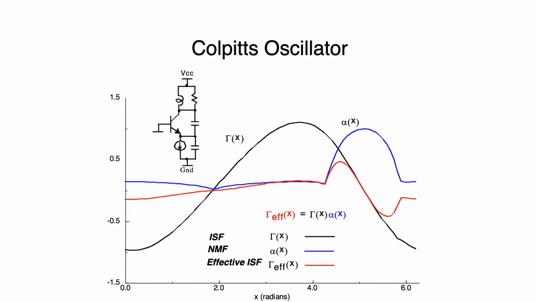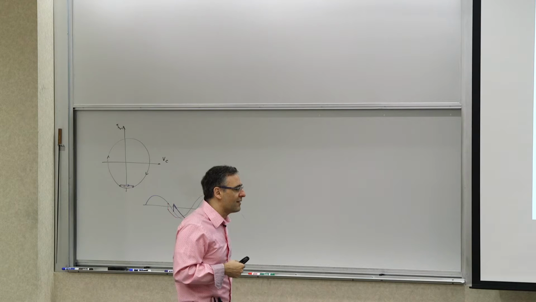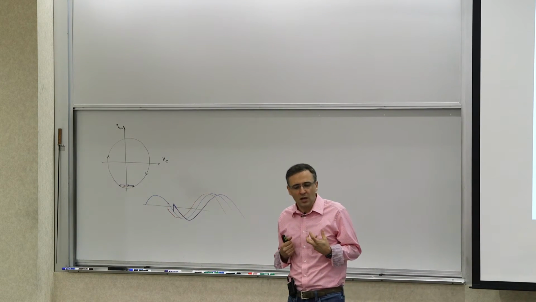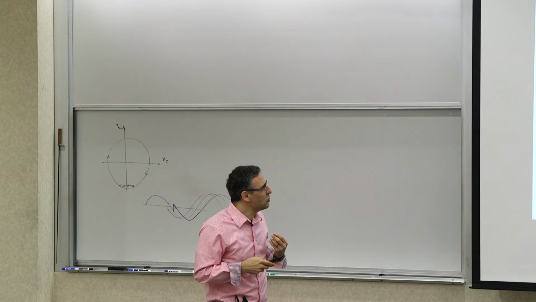And the product looks like the red curve, which is significantly smaller, right? And if you look at the RMS value, you can expect it to be significantly smaller than what you see for a regular unmodulated noise.